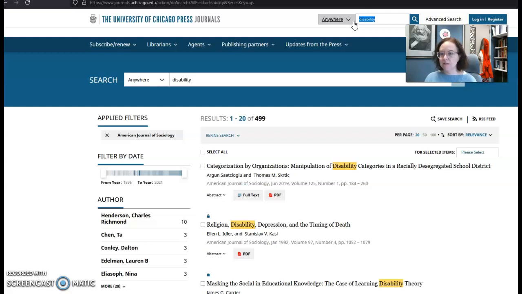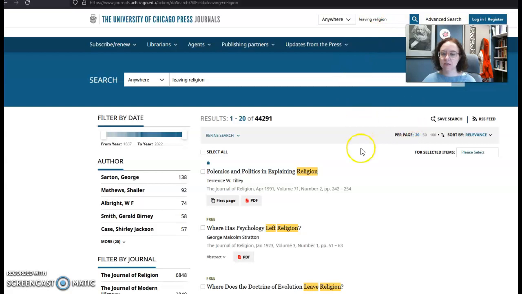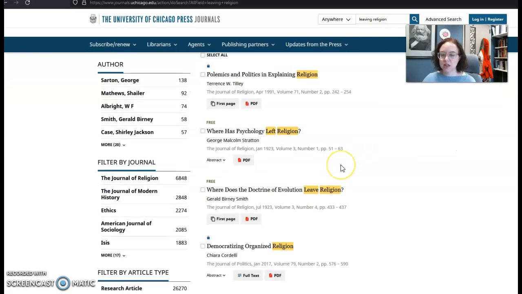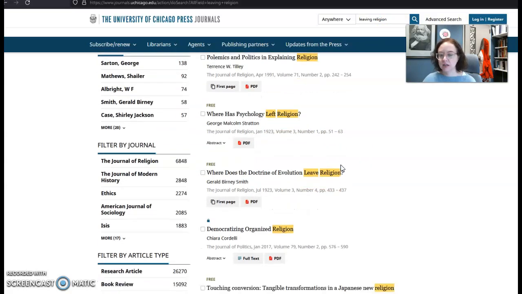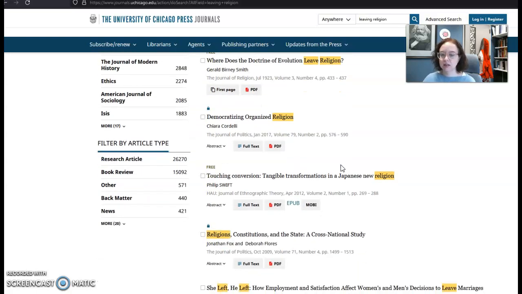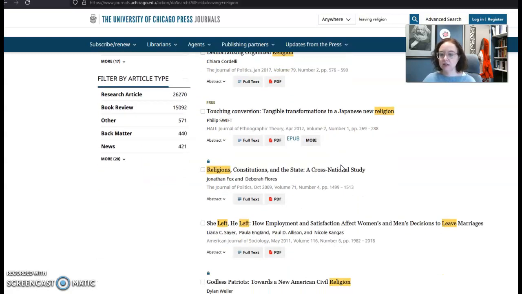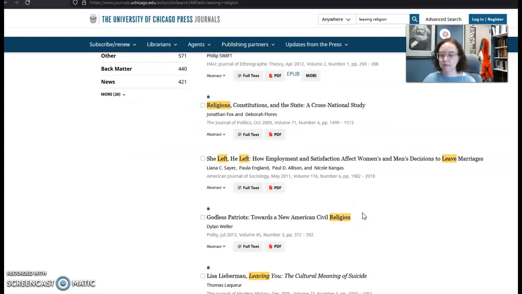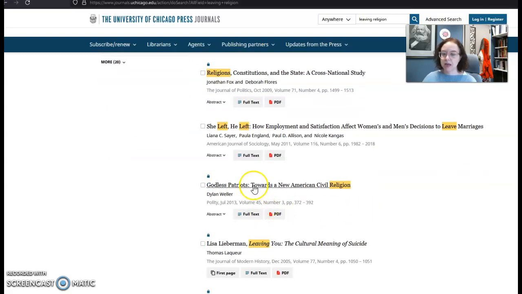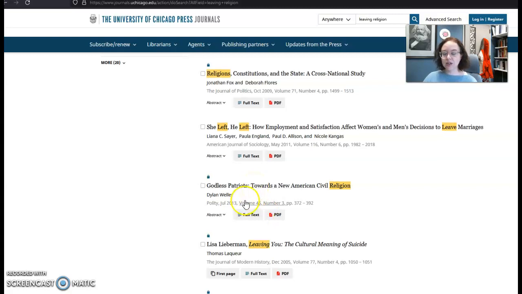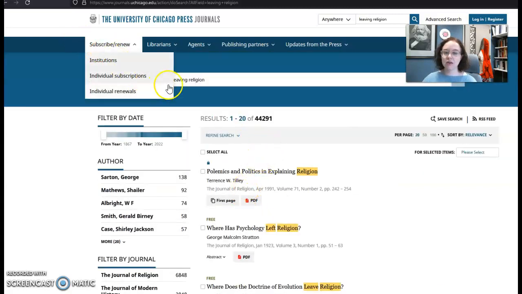Or let's say, thinking about Justin's project here, we're seeing if there's anything about leaving religion. Oh no, that's searching everywhere, we don't want to search anywhere.